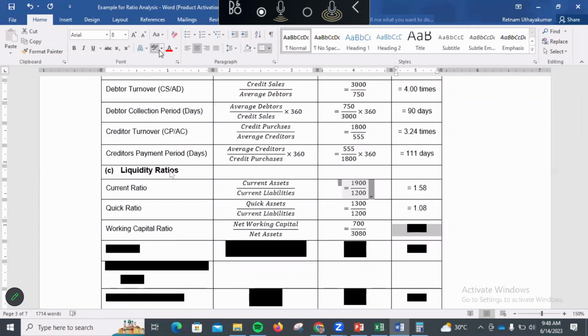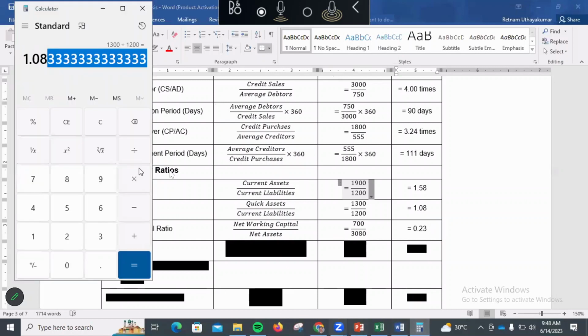So the result would be 0.23. You can confirm that using your calculator: 700 divided by 3080. So you get these long figures. So what are you going to do with that?